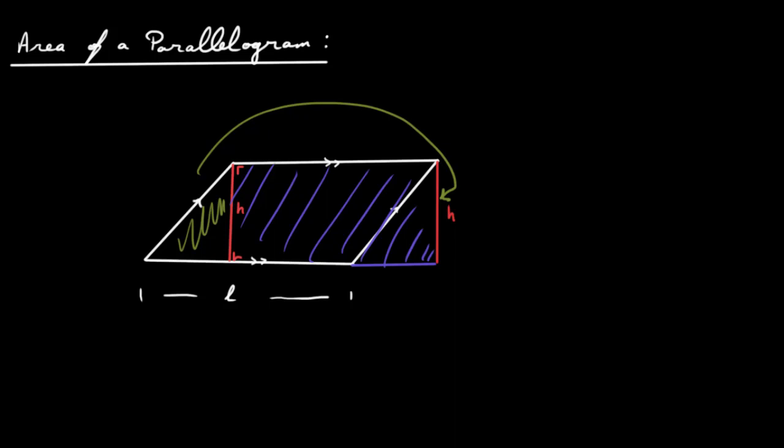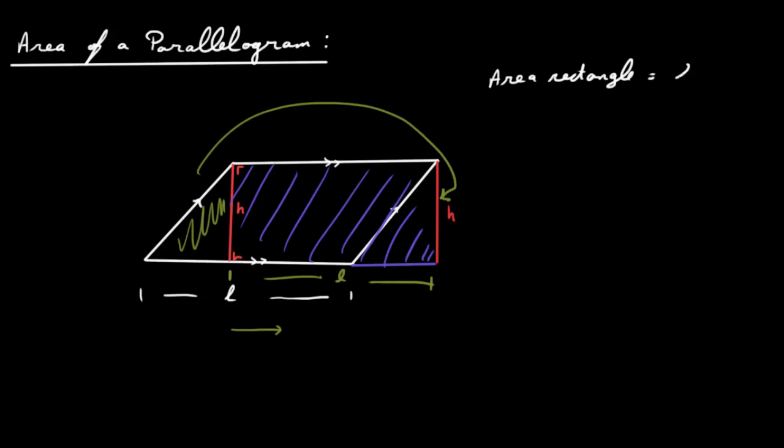So what we've got here is our length, which is just shifted over this way. So this is going to be our length now from here to here. We haven't changed the length. It's going to be a length. And we have our height here. So what we've got then is, as we've seen in a previous video, the area of a rectangle.